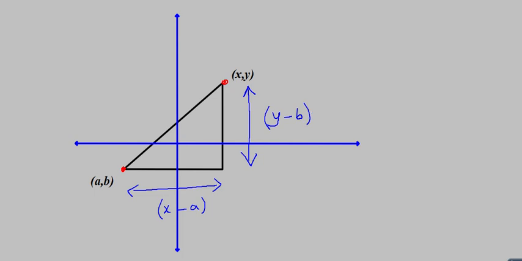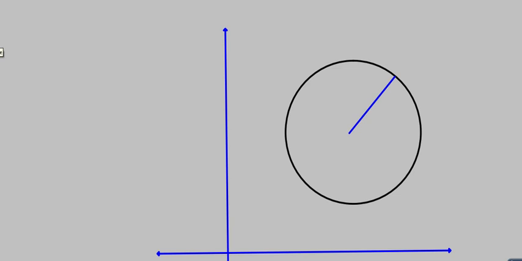Now, let's consider a circle whose center is at the point (a, b) and whose radius is r, and that this is a point on the circumference, a general point (x, y).